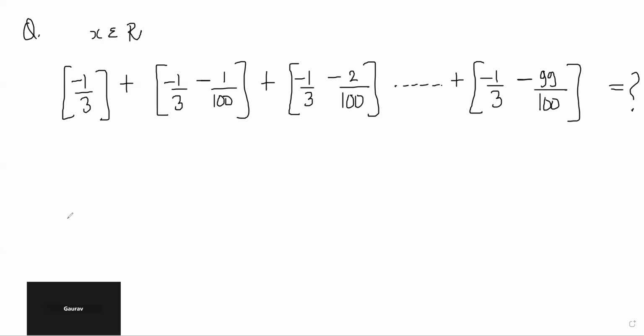You have to understand what the GIF values are at each of these points and when the GIF value changes. What is the GIF value of this right now? Minus 1. What is the GIF value here?